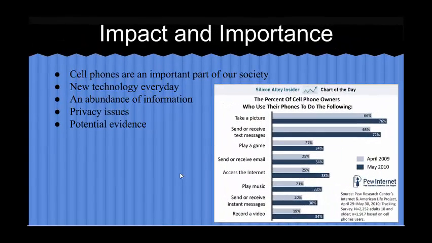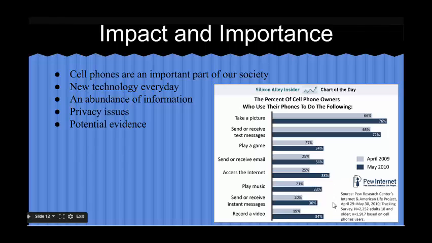So, cell phones are a very big part of our society. And in this graph you can see it's 2009-2010, but it's the percent of cell phone owners who use their phones to do the following. Take a picture, 2010 was 76%. Access the internet, 38% in 2010.